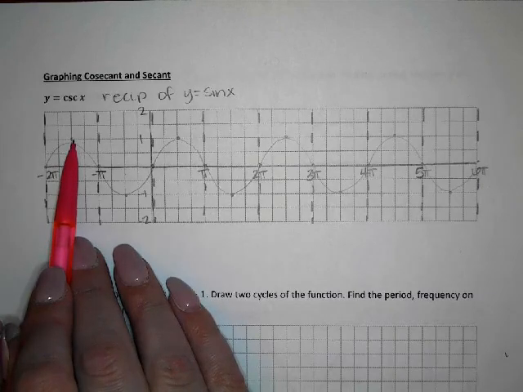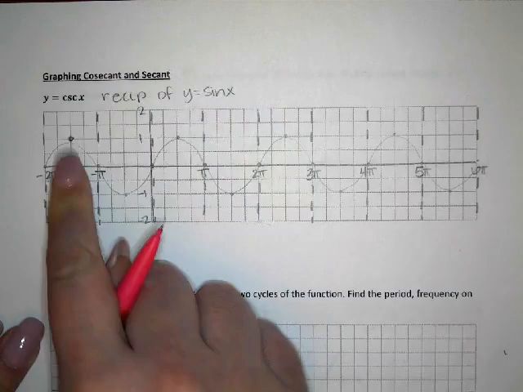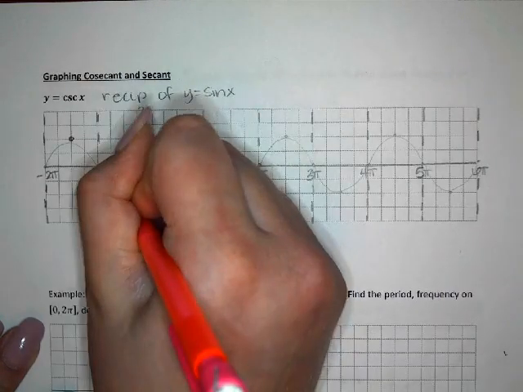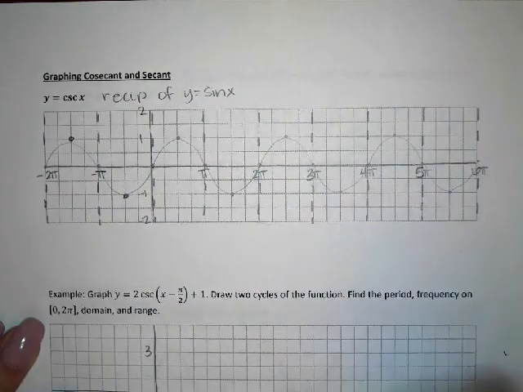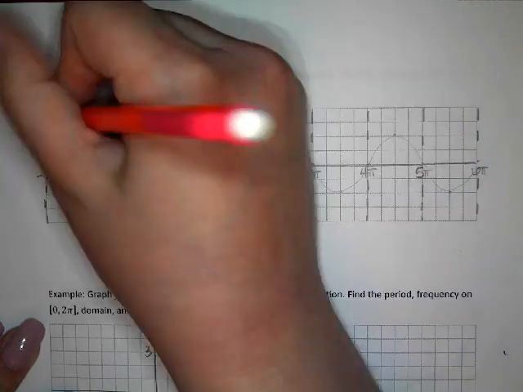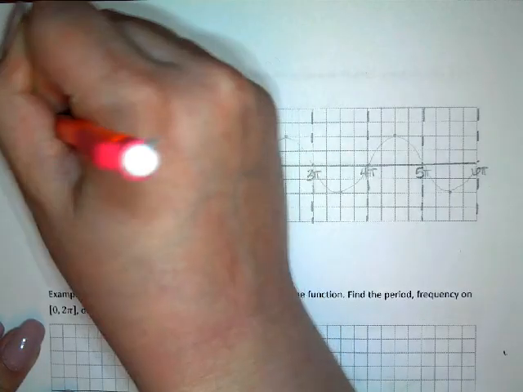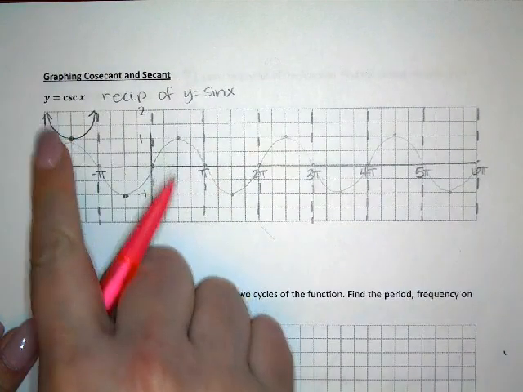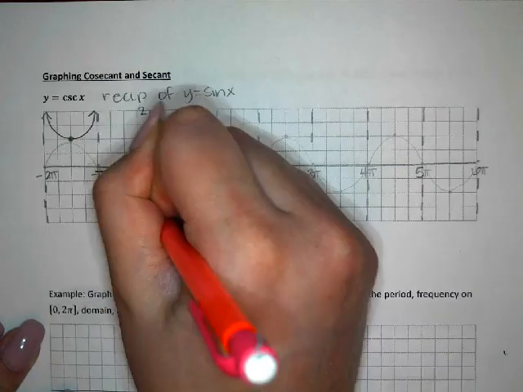And the way that the cosecant graph looks, I'm going to draw this dark because it's the actual cosecant graph, is they just look like they're sitting on top of the sine curve, or they're coming up from below the sine curve. They're just these little bowl shapes, basically. And so this is why I draw the sine curve first.